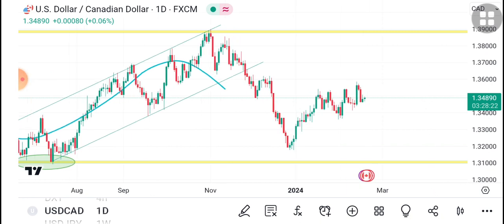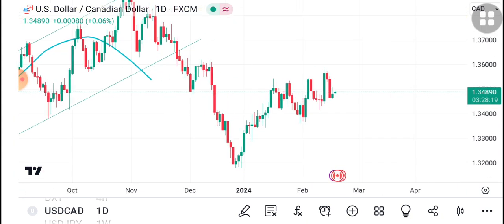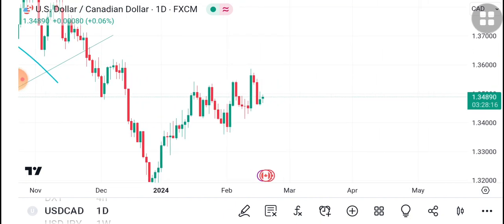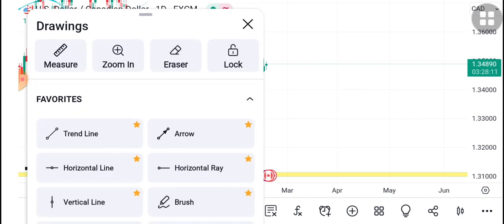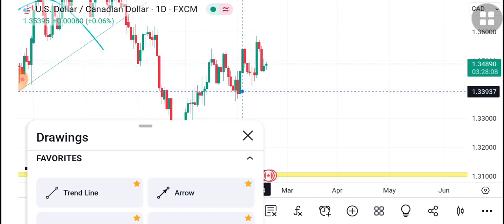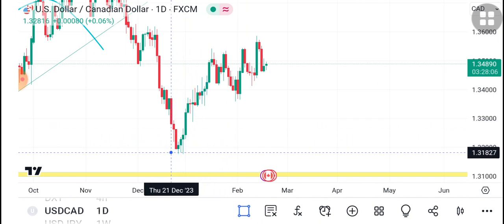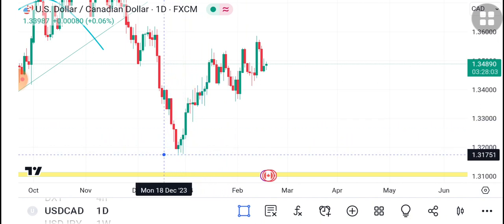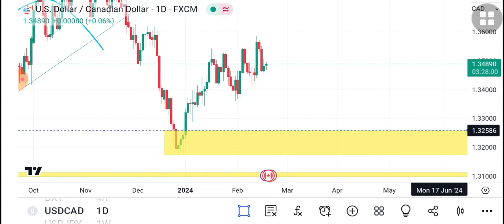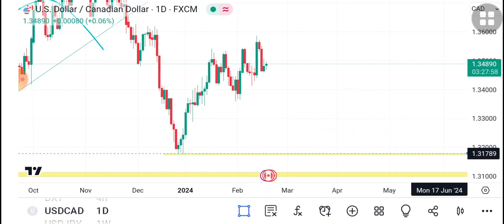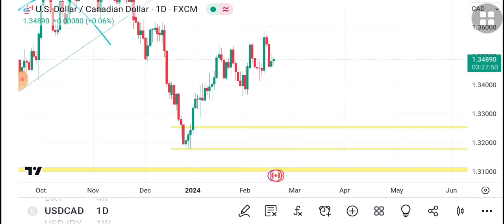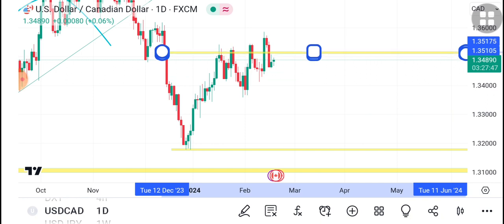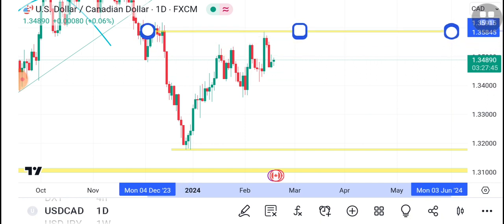Since I know where I'm going to be analyzing, I'm going to be analyzing on my most current price. Now I have my daily high, my daily low, something like this. My daily low, and my daily high.